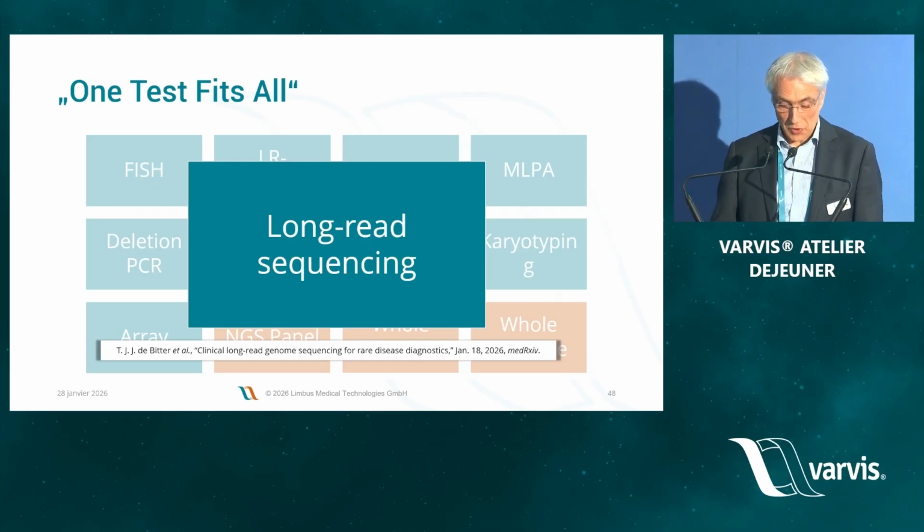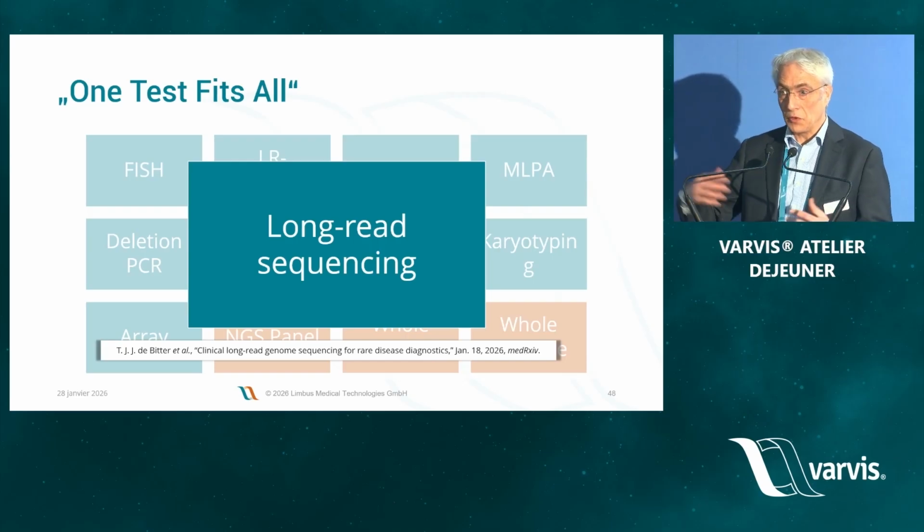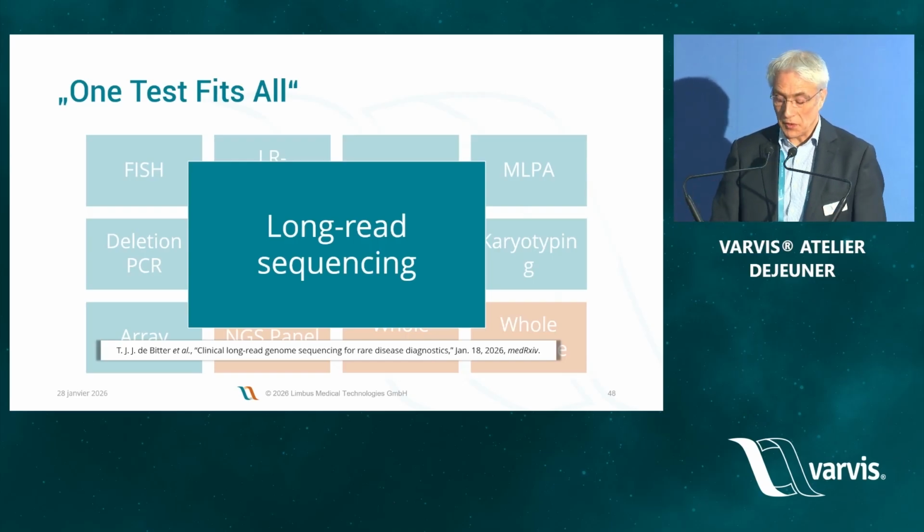They recently published a study comparing standard of care with this zoo of methods to long-read sequencing using 1,000 patients, which is a comprehensive set of data, and they came to the conclusion they can certainly replace everything that they're performing so far in the laboratory with long-read sequencing.